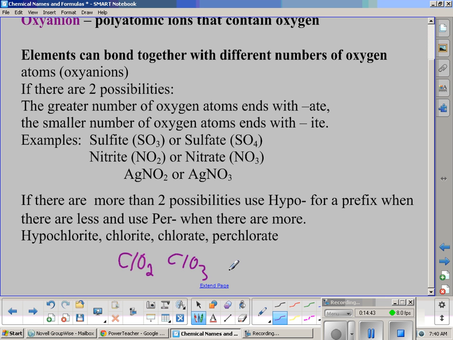See, there's less and there's more. Now, if I have even more, ClO4 would be perchlorate. But if I had less, which is also a possibility here, ClO is hypochlorite. Okay, so I think you kind of get that. And again, you can just look these up in the tables.